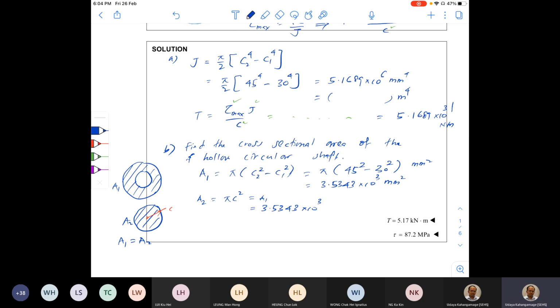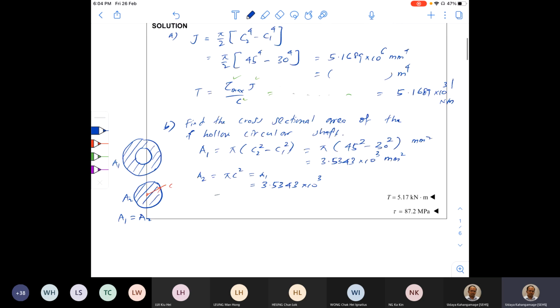From this you should be able to find C. I did the calculation and I got C as 33.541 millimeters. So this is the radius of a solid circular shaft which has the same cross-sectional area as the hollow circular shaft. Now we need to find the maximum shearing stress in this shaft when we apply the same torque T.